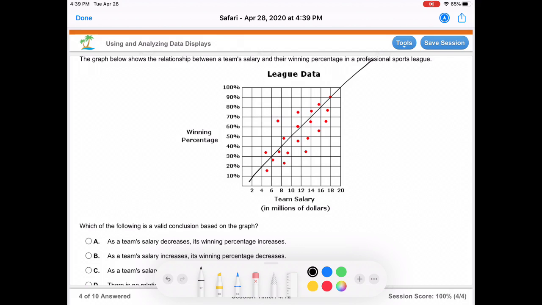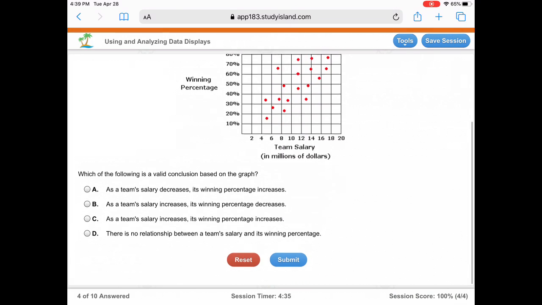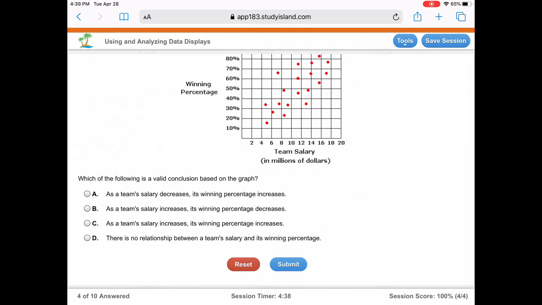So as the team's salary increases, the winning percentage increases. So we just need to find the problem that says exactly that. And that looks like C. As a team salary increases, its winning percentage increases. Everything else is a negative correlation. This is definitely a positive correlation. And there is definitely some kind of correlation. It's not strong. The correlation coefficient definitely isn't anywhere near 1, but there is a relationship there.